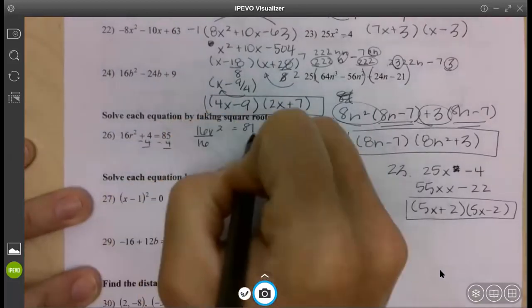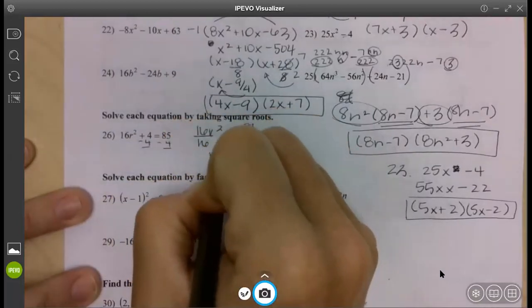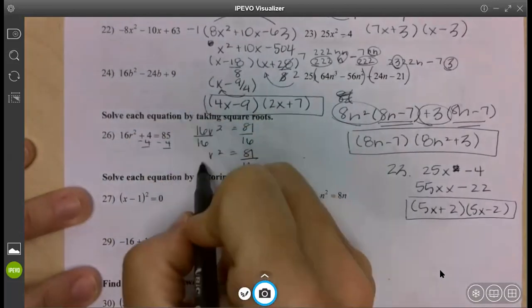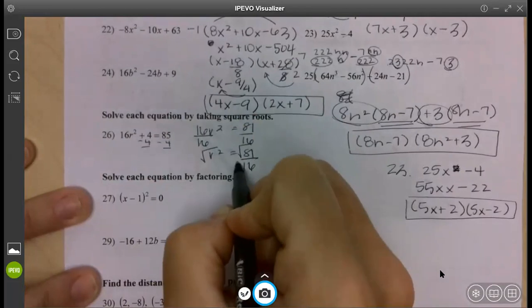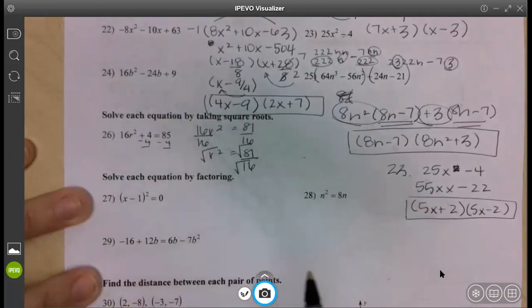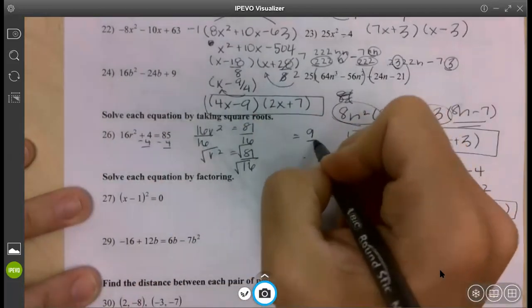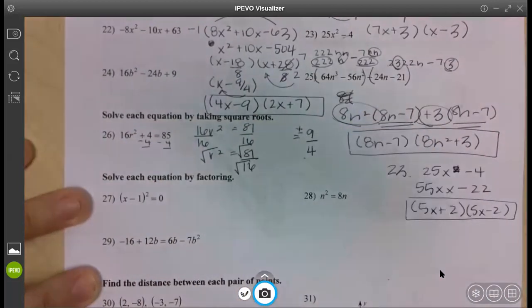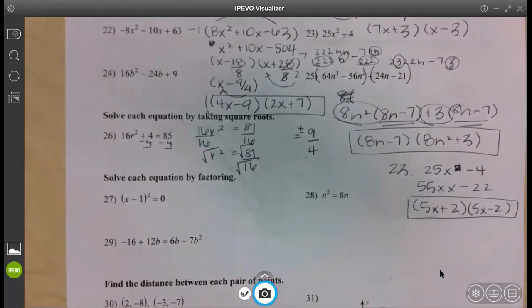We're going to divide by 16. We got r squared equals, we're going to leave it this way. And the reason I know to leave it this way is because then I have to take the square root. The square root of 81 is a perfect 9. The square root of 16 is a perfect 4. Remember, there's always two answers, a positive and a negative. So that's where the decimals come from.